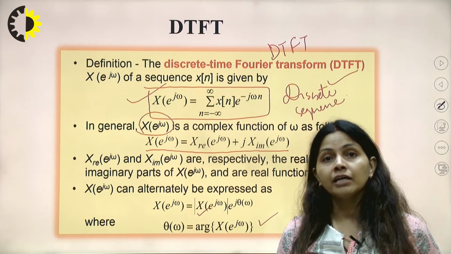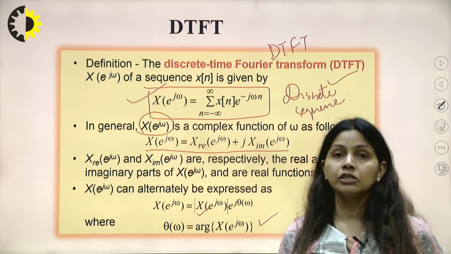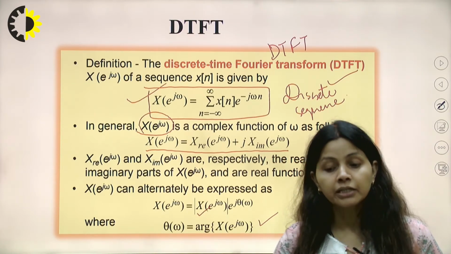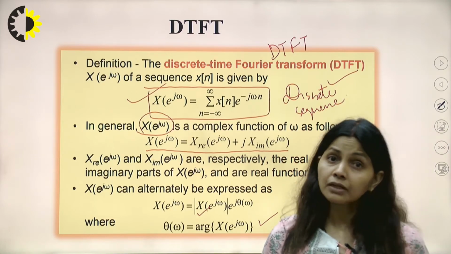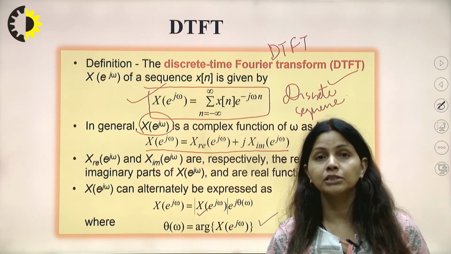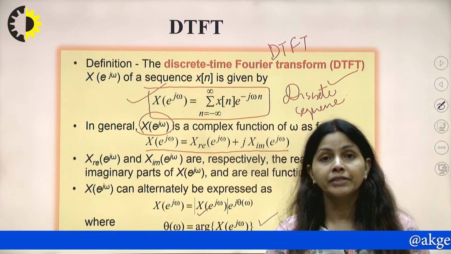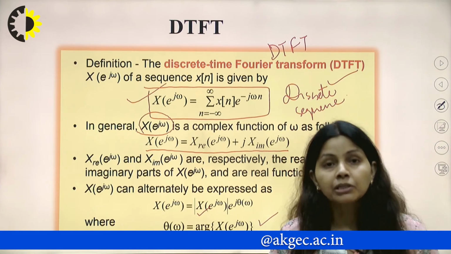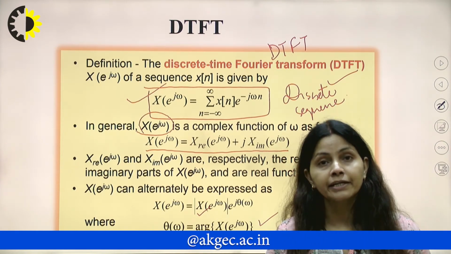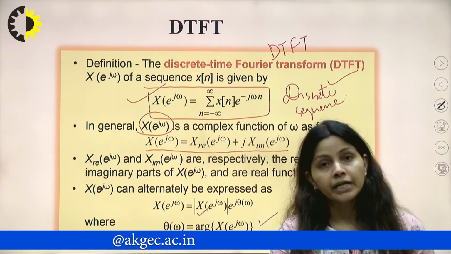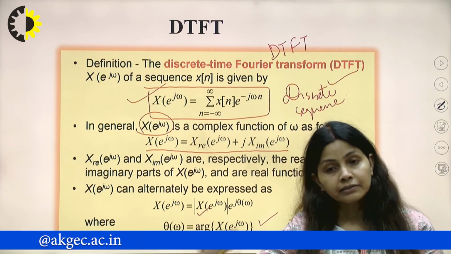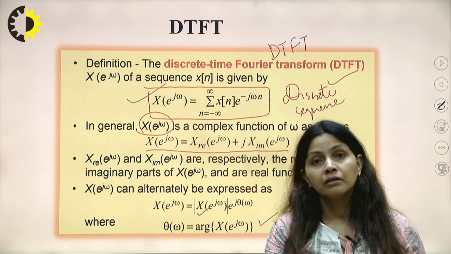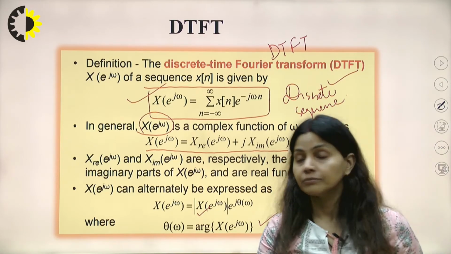So DTFT and DFT are related: the DFT is the sampling of the DTFT, because for an aperiodic sequence, the Fourier transform would be continuous in the frequency domain, and when it becomes continuous in the frequency domain, we can sample it by calculating the DFT. So converting to the Fourier transform and then performing the sampling, these two processes combined give the DFT.